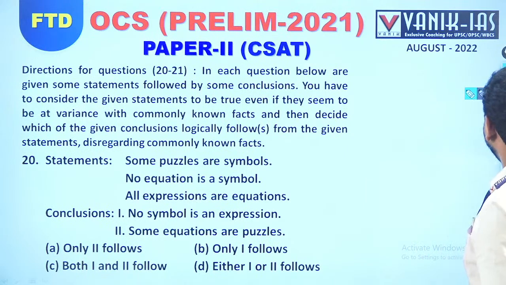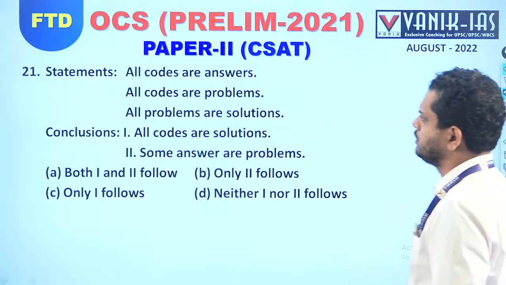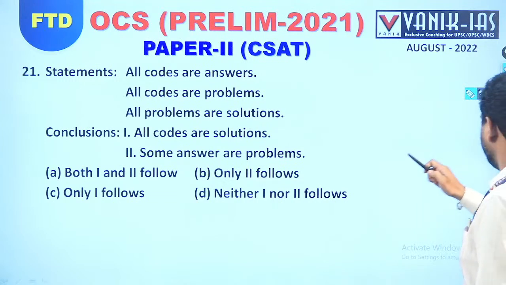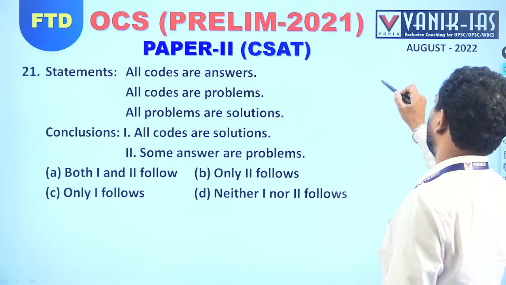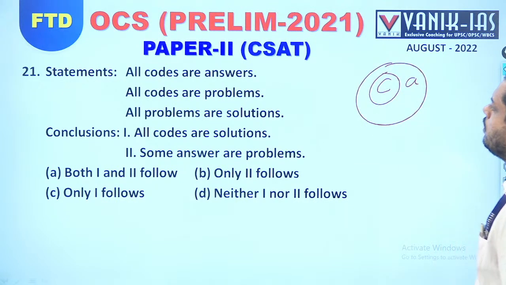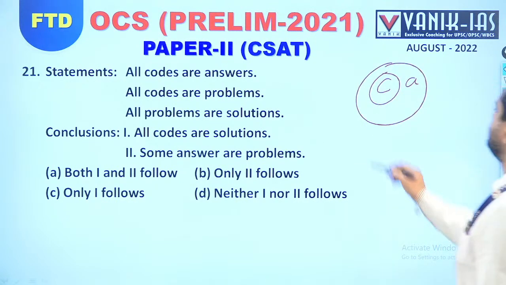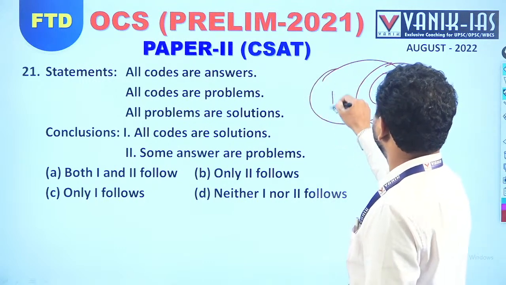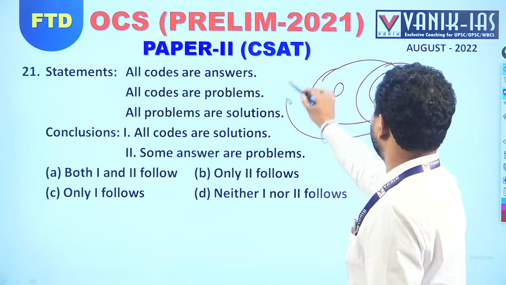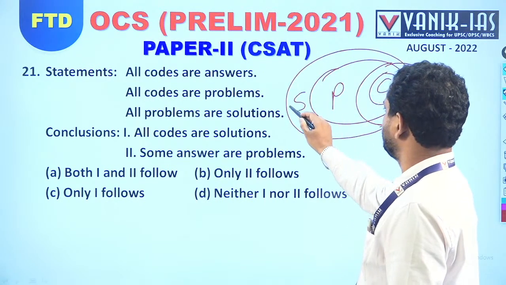next question. And the next question is also from Syllogism. Again, same Venn diagram we have to use, friends. Statement is given: all codes are answers. All codes are problems. All problems are solutions, right?